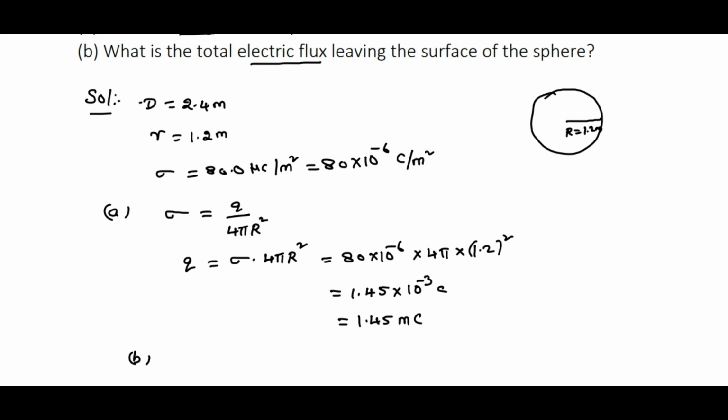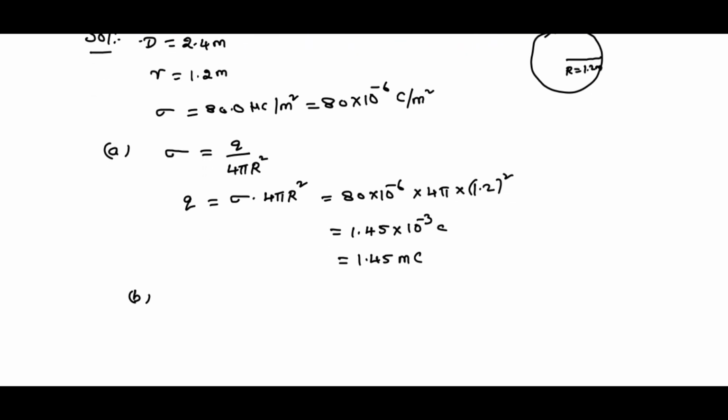While coming to B, what is the total electric flux leaving the surface? From the Gauss theorem, we can write electric flux is equal to Q enclosed divided by epsilon naught. From this, we can write Q is nothing but 1.45 into 10 power minus 3, and 1 by epsilon naught value is 4 pi into 9 into 10 power 9.